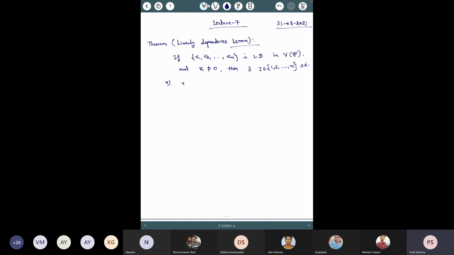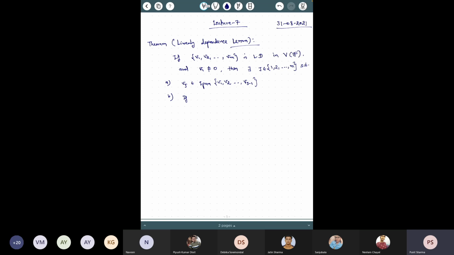First, vj belongs to the span of v1, v2 up to vj minus 1. And the second thing is that if the jth term is removed from the set v1 to vm, then the span of the remaining set equals the span of the whole set.